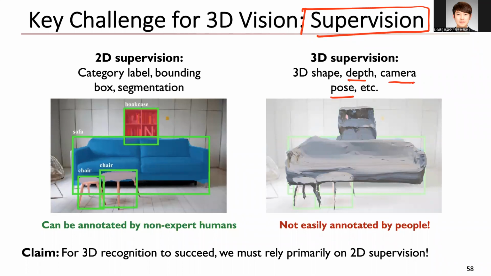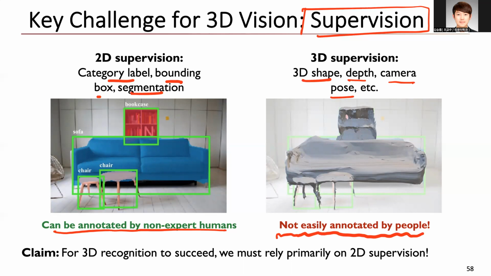Let's compare the difficulty of 2D supervision and 3D supervision. 2D supervision is like category labels, bounding boxes, or segmentation. And 3D supervision is a 3D shape, a 3D representation, the camera pose, or something like this. 2D supervision can be annotated easily by non-expert humans. What about 3D supervision? It is not easily annotated by people. In many cases, you require dedicated hardware to make 3D supervision, I mean the 3D ground truth.